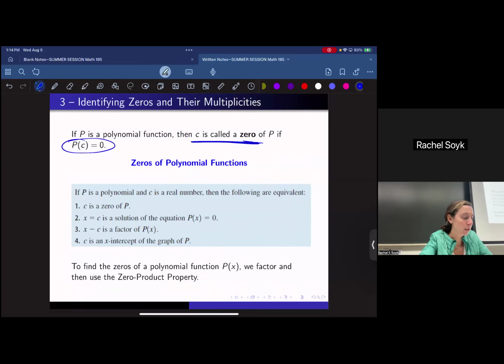We'll really be honing in on this, utilizing our zero product property, which we have down below over here, but also the remainder theorem as well as the factor theorem. And this is the step-by-step procedure for finding zeros of polynomial functions.